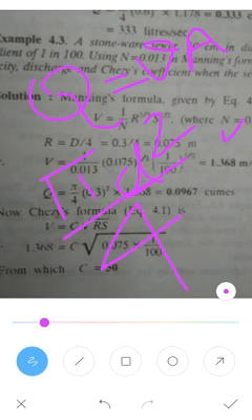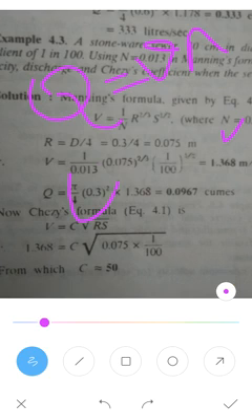The velocity is written here along with that area.